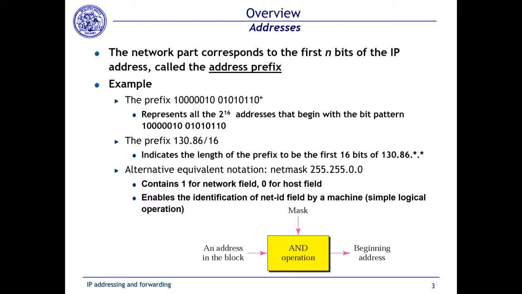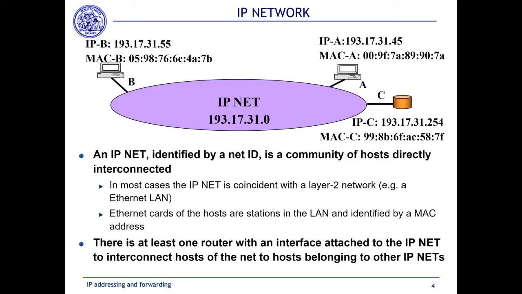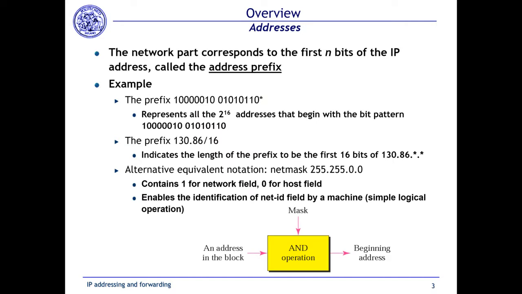In particular, if you receive any 32-bit address and there is a net mask specified, by an AND operation, the result is the network prefix that is contained inside the address when it is read with that net mask. Is it clear up to now?